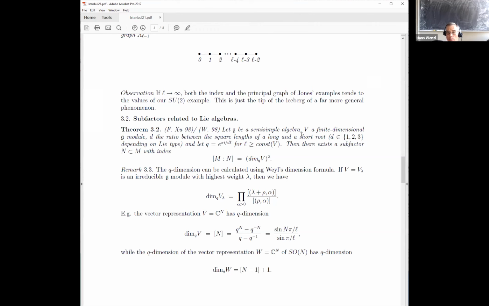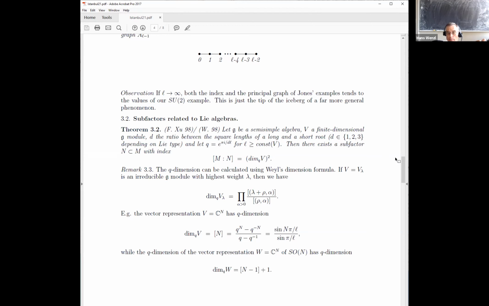If you have a semisimple Lie algebra, V a finite dimensional G module, and D the ratio between the square lengths, which is either 1, 2, or 3, and we let q be the special root of unity, then there exists a subfactor N in M with the index the q-dimension of V squared.